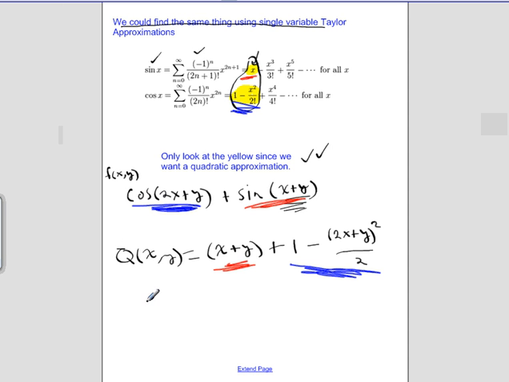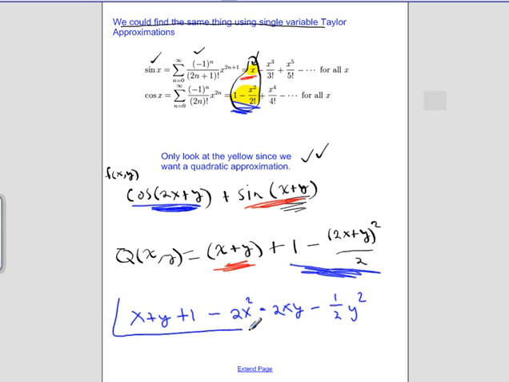And if we went ahead and expanded this, we'd get x plus y plus 1 minus 2x squared minus 2xy minus 1/2 y squared.